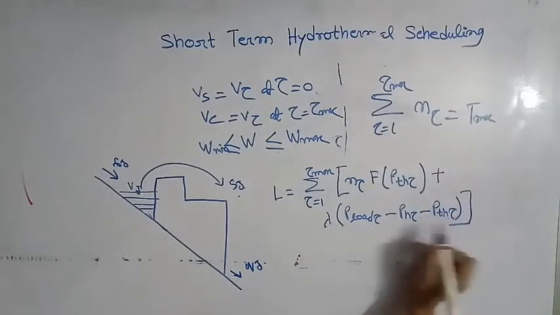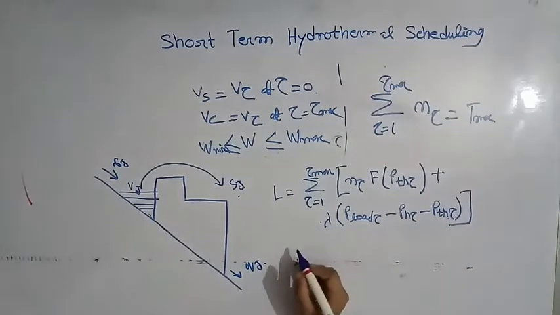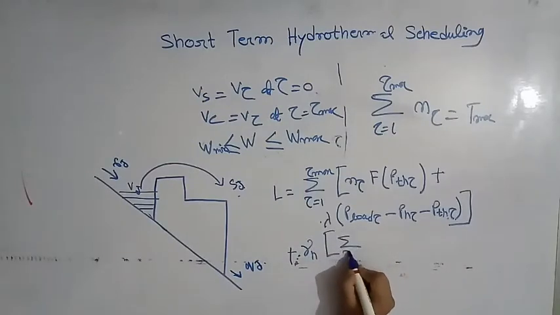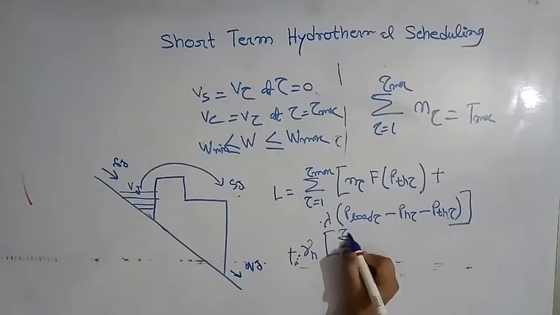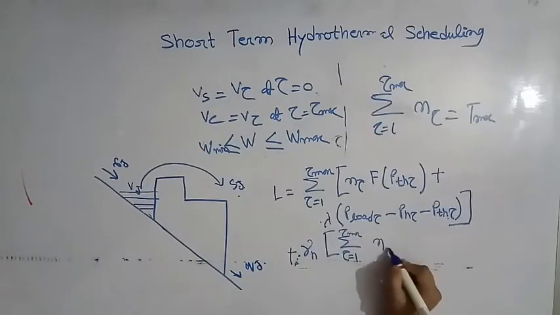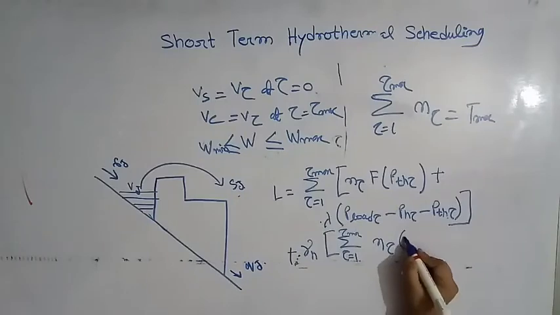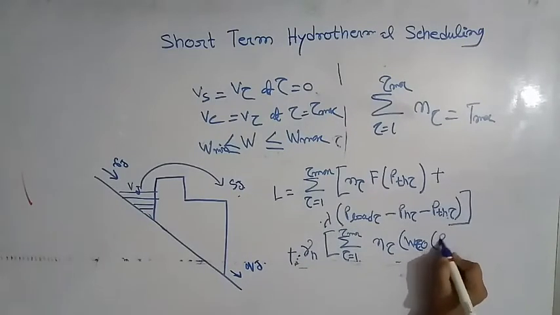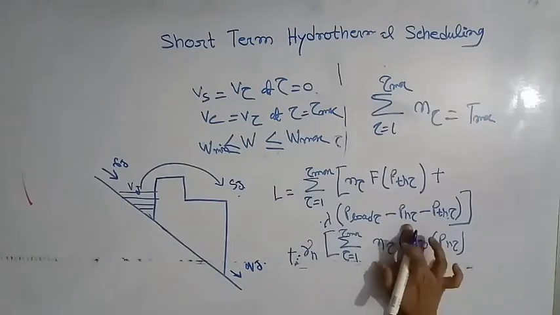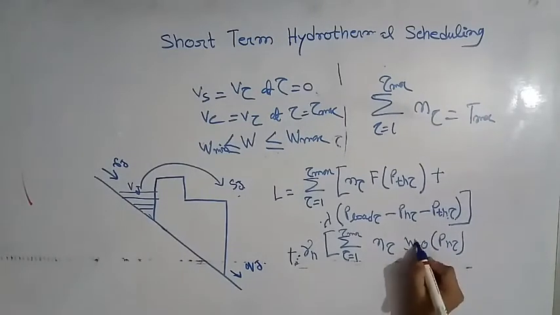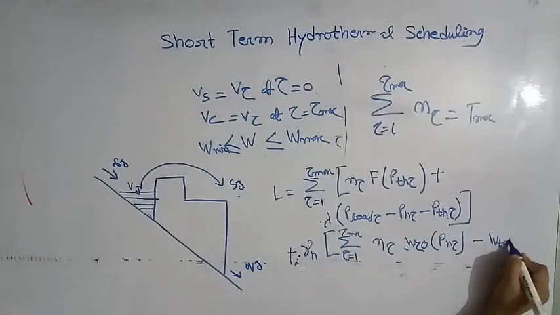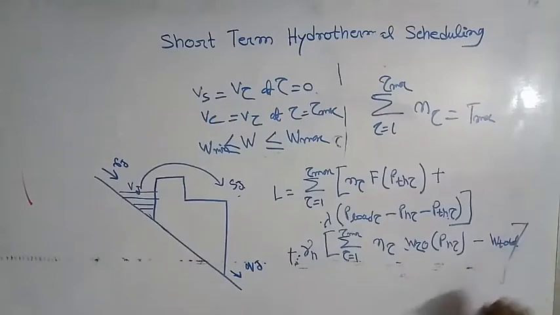This is the constraint and this is the Lagrangian multiplier, plus gamma h summation tau 1 to tau max, n tau w tau 0 PH tau minus W total. This is another constraint.